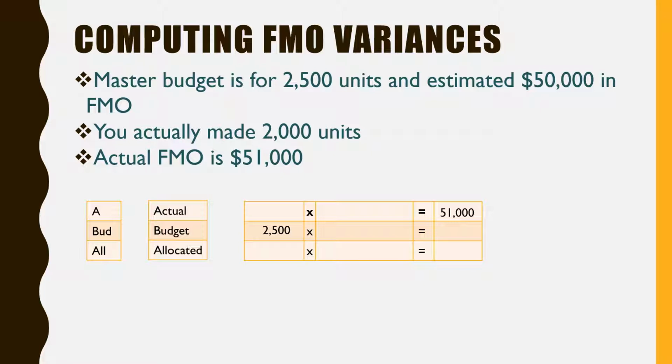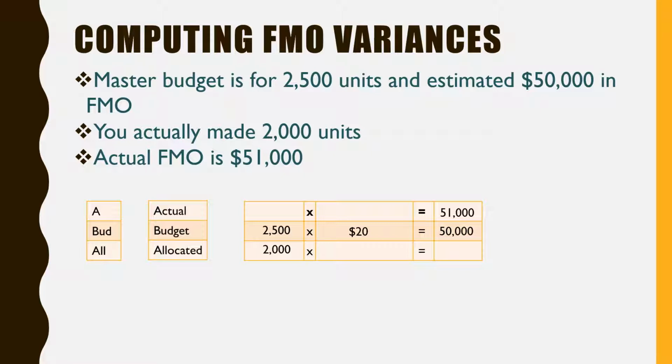And this is the only place you use that 2,500 master budget volume. We know that the estimate for our master budget was 50, and some problems will give you that, but we do need to know what the standard rate is so we can divide that and get the $20. Some problems they'll tell you the $20, some you'll have to solve for it.